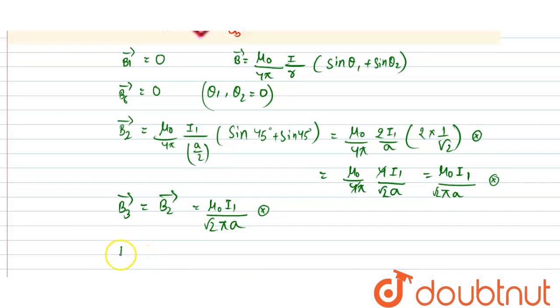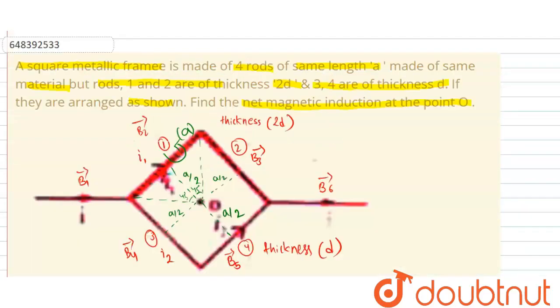Now B4 and B5 are also same, and the value of it will be mu naught by 4 pi into I2, because in this rod it is I2 current and the angle is also 45.